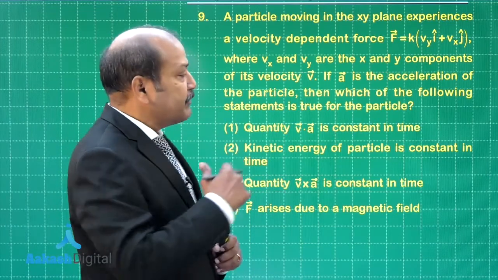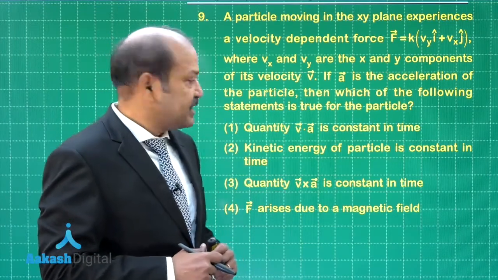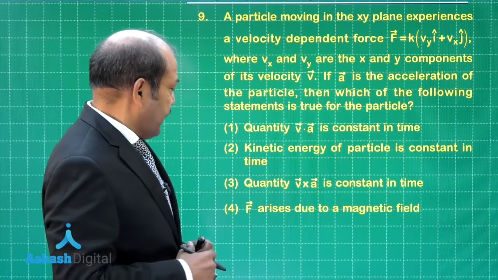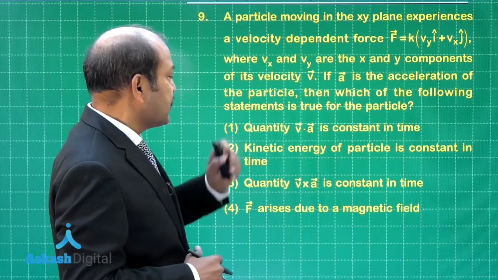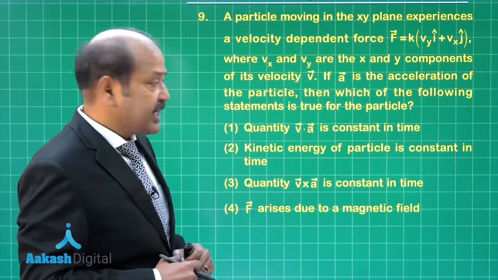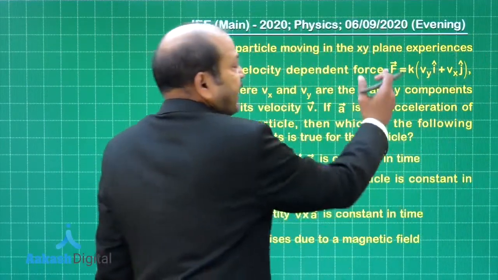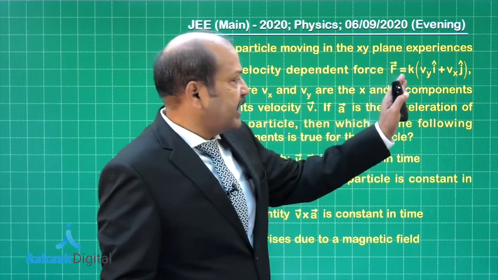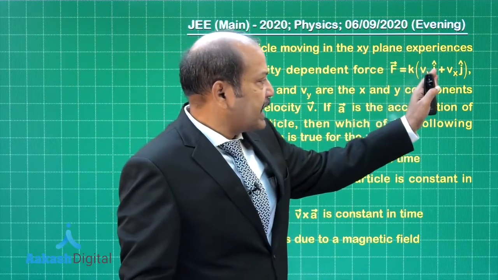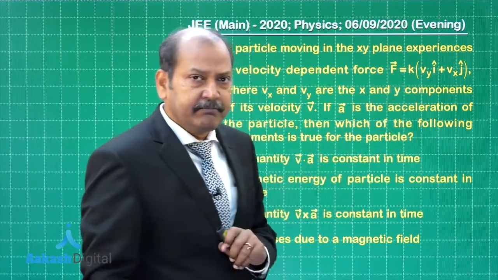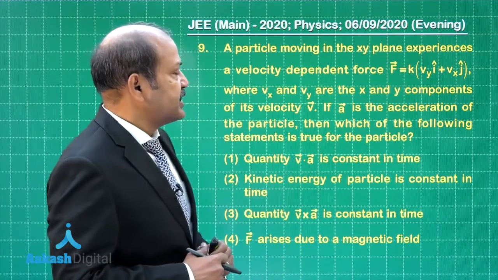Well, let us evaluate the different options. If, for example, we consider quantity V dot A is constant in time, acceleration is given as k Vy I cap plus Vx j cap divided by m, the mass of the particle, is it not?